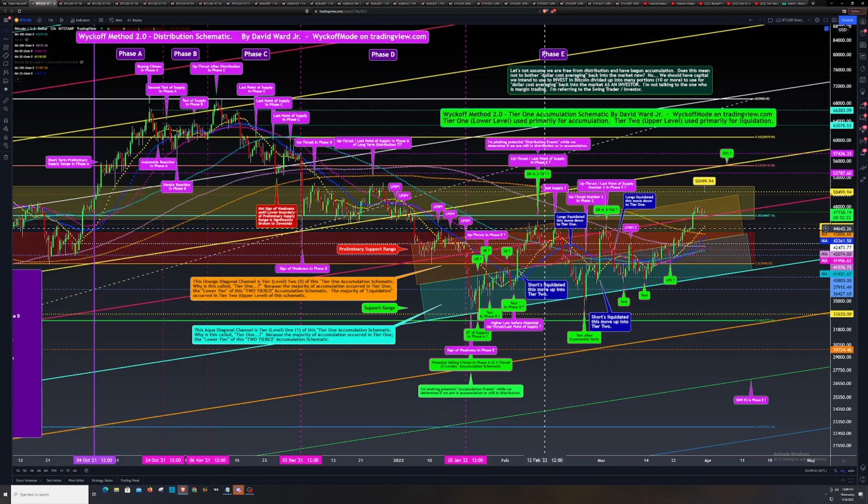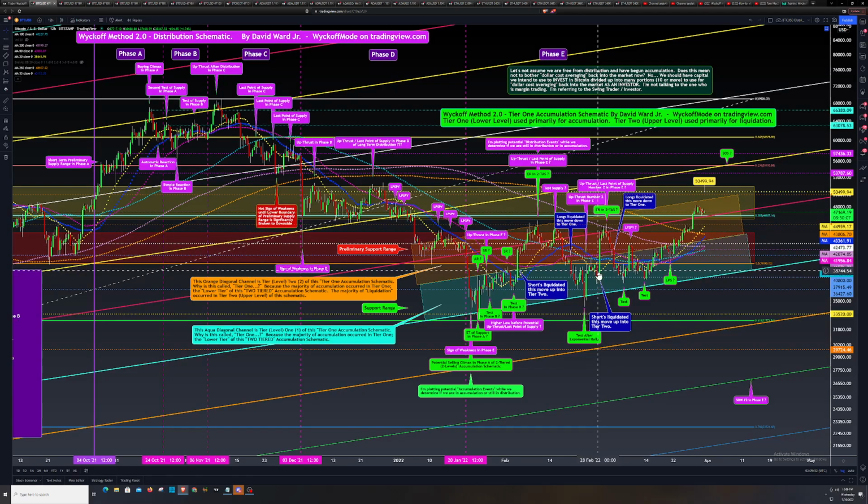Then we liquidated longs when we came down into Tier 1. Now we're liquidating longs, especially once we fall below this level here, down into lower levels. Then we came up real quick with a bull trap, right back down again.